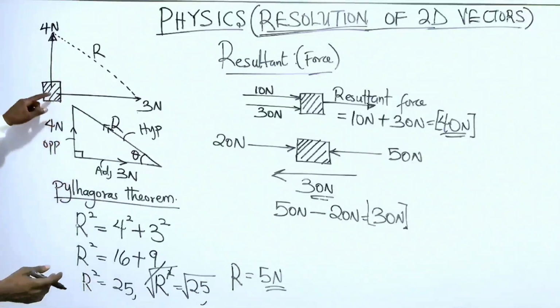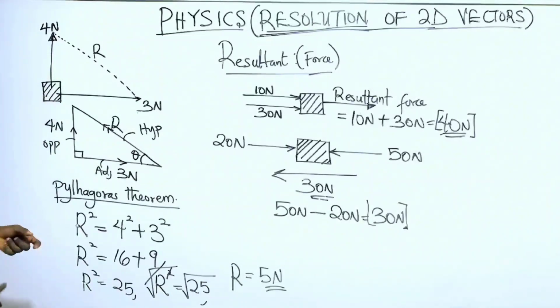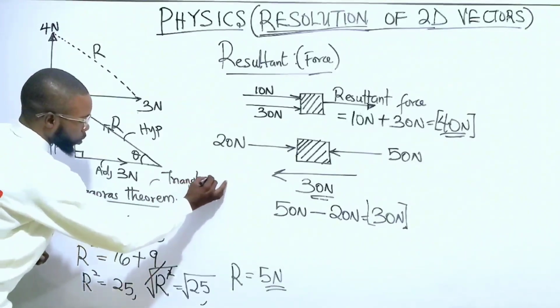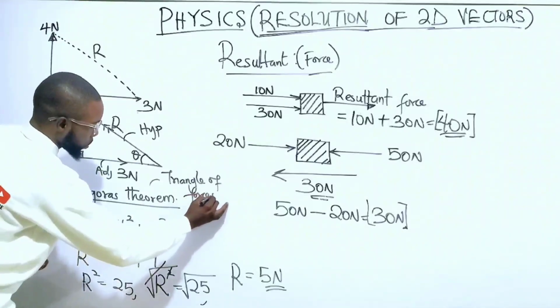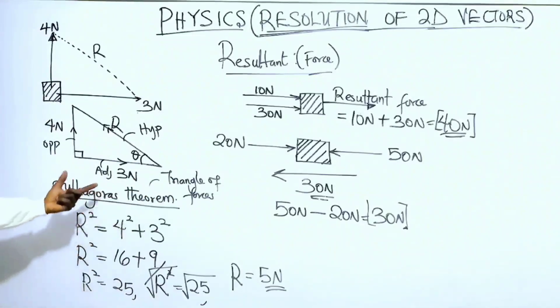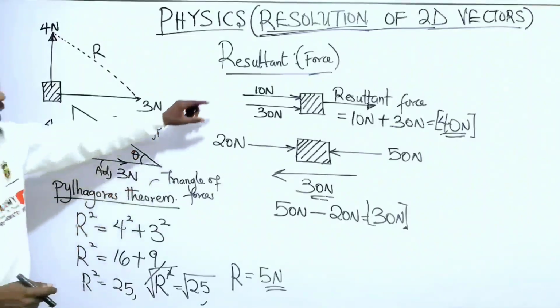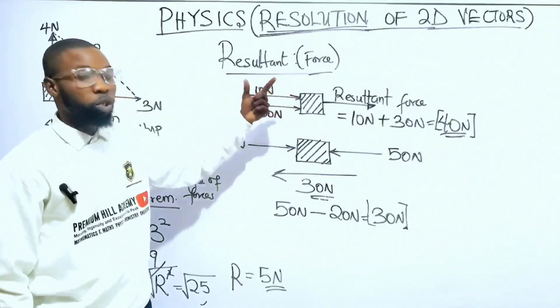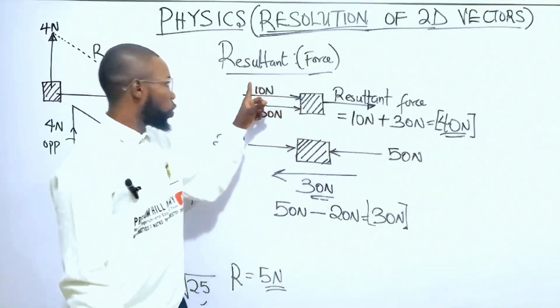If both forces are acting perpendicular to each other, what we do is form what we call the triangle of forces, and in forming the triangle of forces, we use the Pythagoras theorem to find the resultant force. So the first case: if two forces are acting parallel to each other, acting on this body together, the resultant force is the sum of both forces.